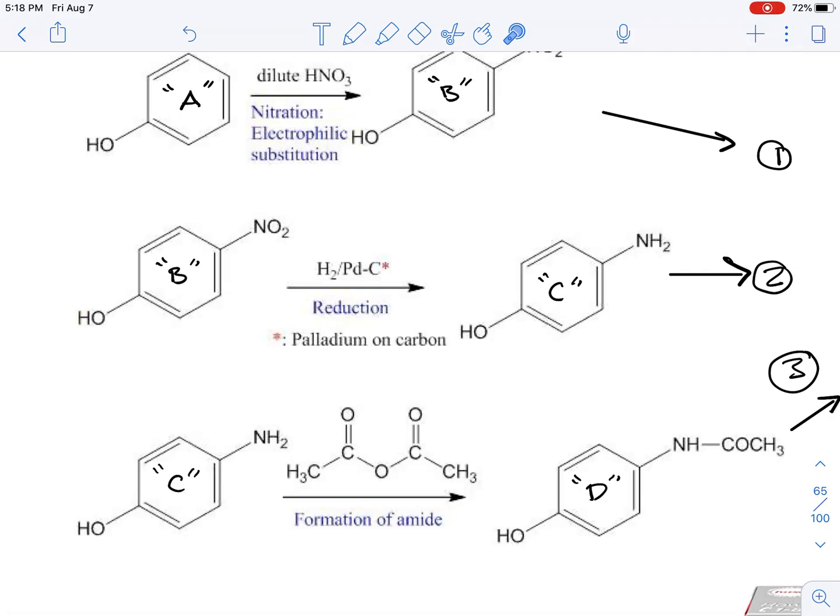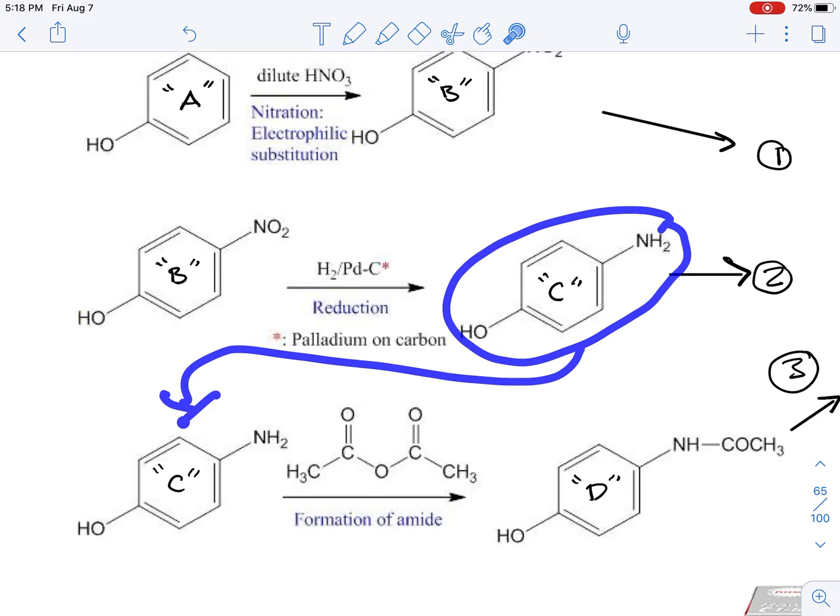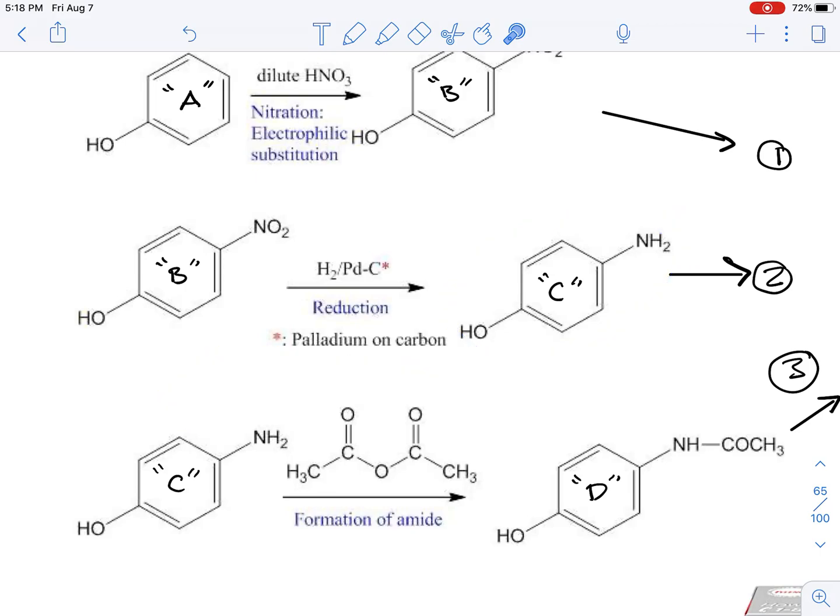Product C then becomes the reactant in a third step. After reactant C reacts with this anhydride, the final product will be produced, which is acetaminophen.